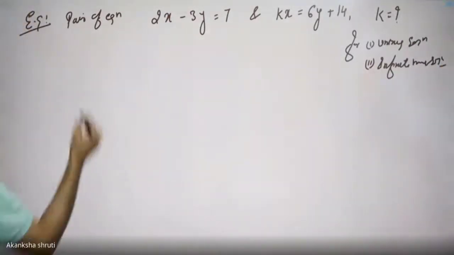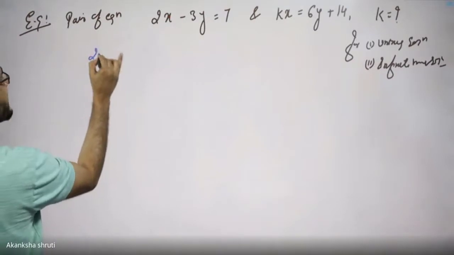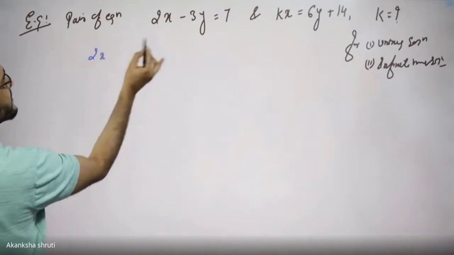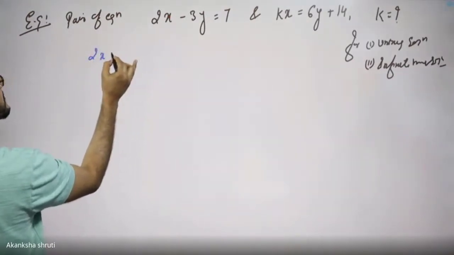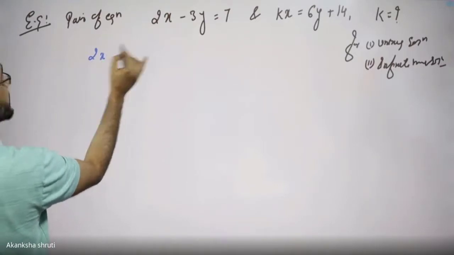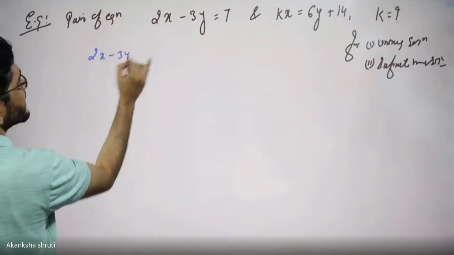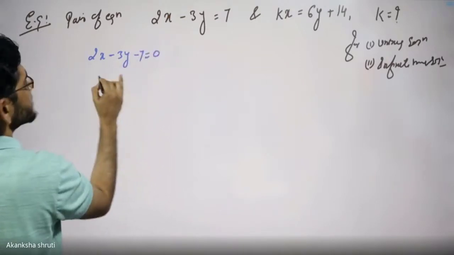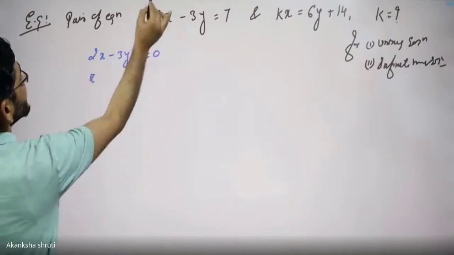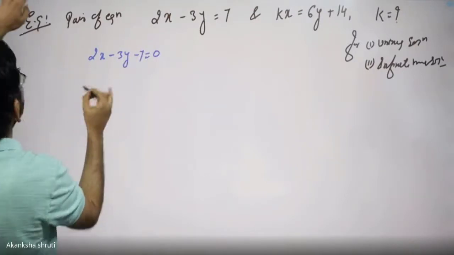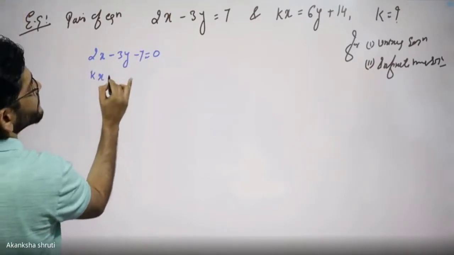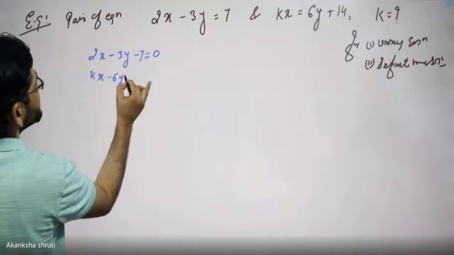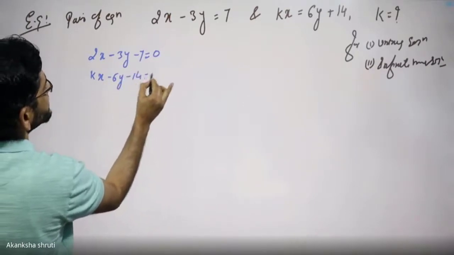So very easy. Students, first we have to rearrange them in the form of ax plus by plus c equals 0. So just rearranging, bring the 3y to the left hand side, that is the better habit. The second equation is kx minus 6y minus 14 is equal to 0.